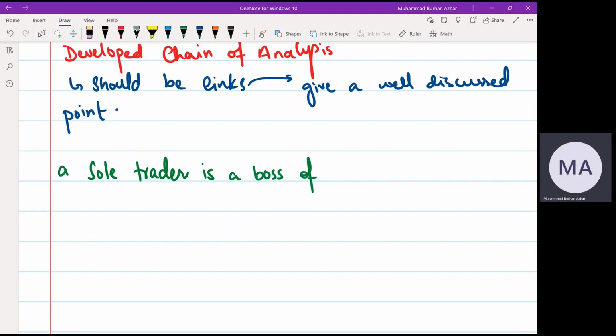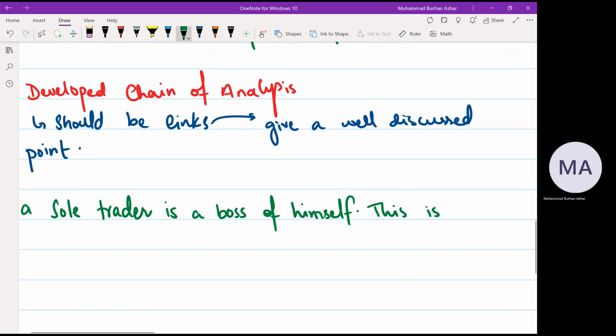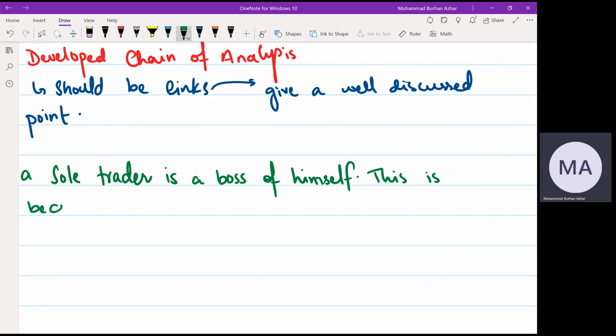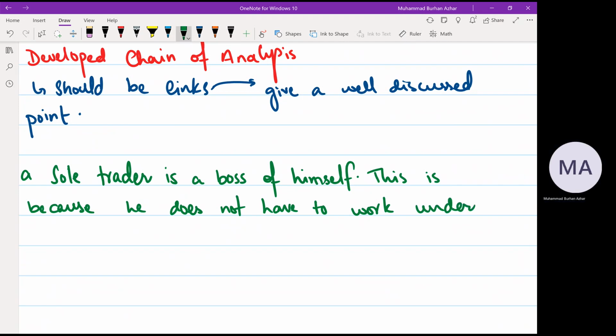Now if I have to develop this chain, so what I'll do is कि मैं इसके बाद explain करूंगा. This is because he does not have to work under anyone else. ठीक है?